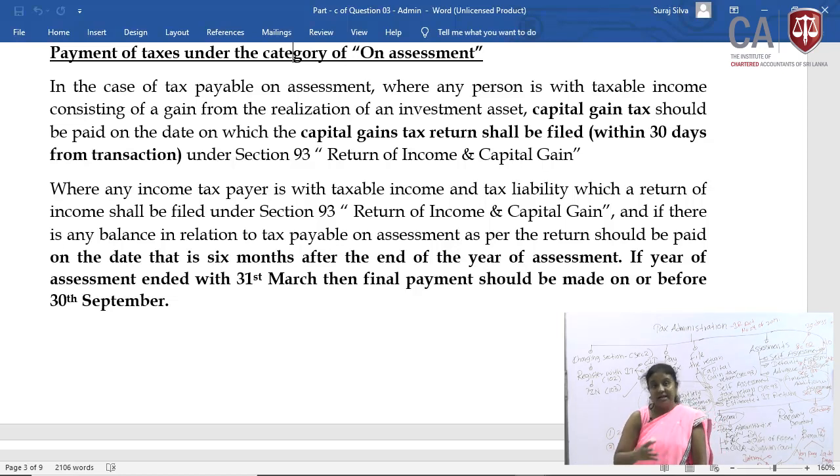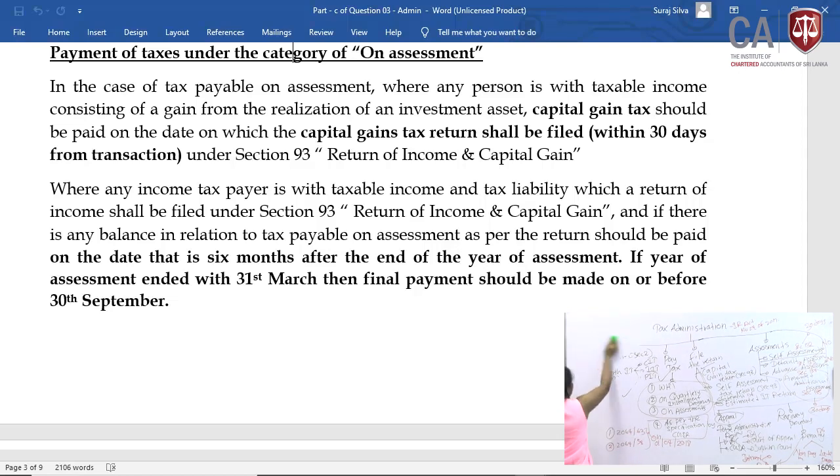This is secondly talking about that return, and if there is any balance in relation to tax payable on assessment as per the return, it should be paid on the date which is 6 months after the end of the year of assessment. If the year of assessment ended on 31st March, then the final payment should be made on or before 30th September. Then what is this final payment? Then I will come to explain this part a little bit.